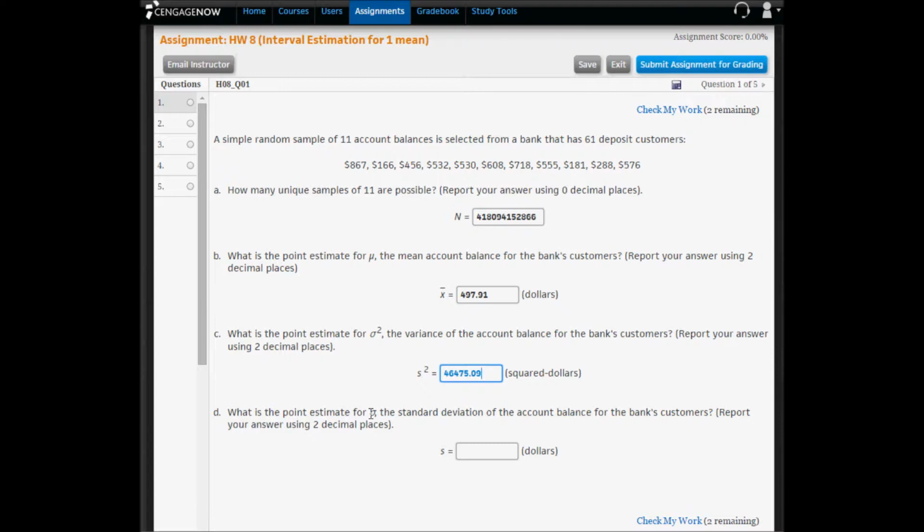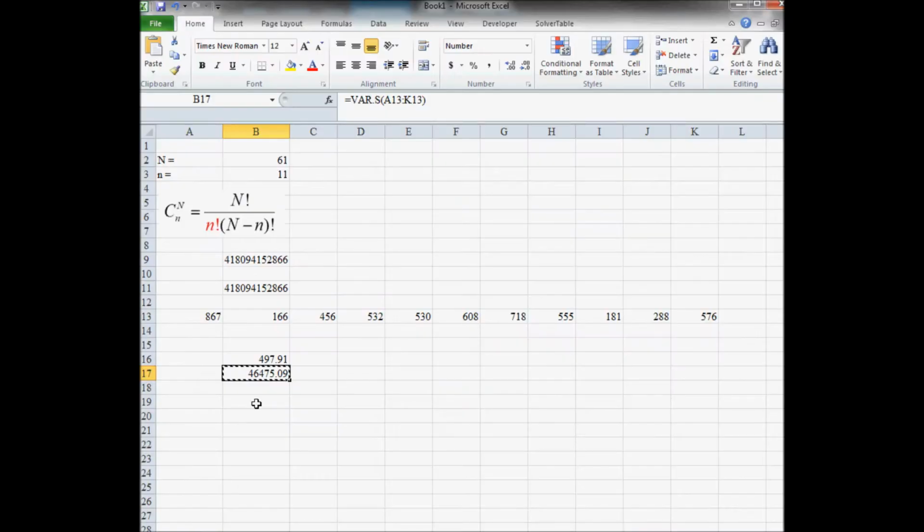We cannot know sigma, so we collect a random sample, in this case of 11 things, and we calculate the sample standard deviation for those 11 things. The sample standard deviation is denoted S. So all we have to do here is take the square root of the sample variance.